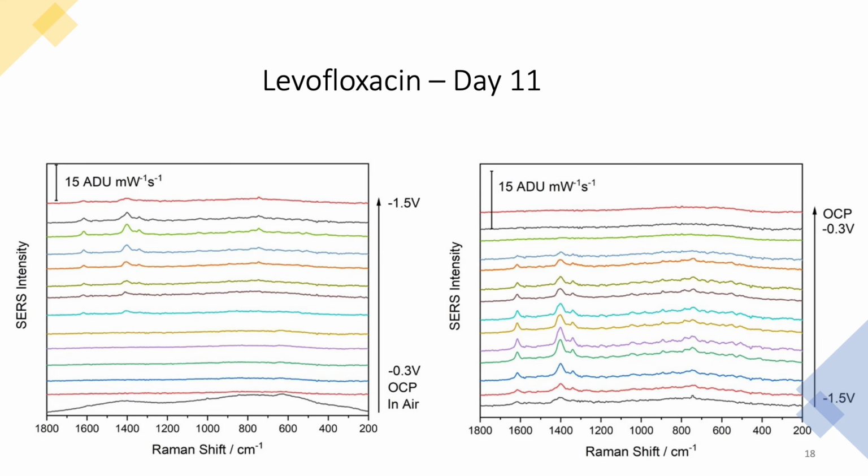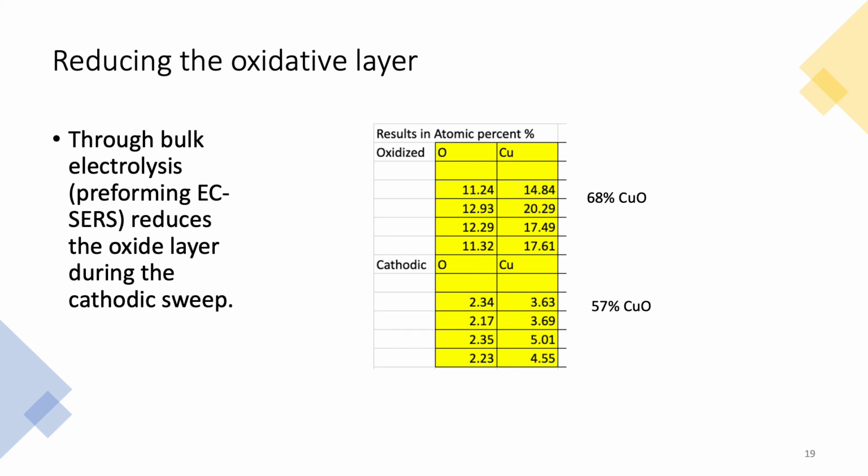I had to know why. So I said to myself, I wonder why this is. So I took a copper-based electrode, and I oxidized it through bulk electrolysis, and then I decided to run a cathodic sweep. And I was able to see that the percent of copper oxide decreased after performing 1 sweep of bulk electrolysis.